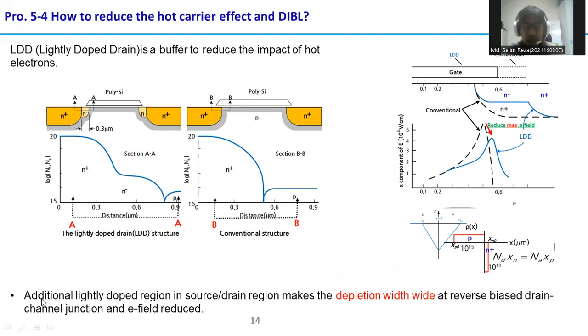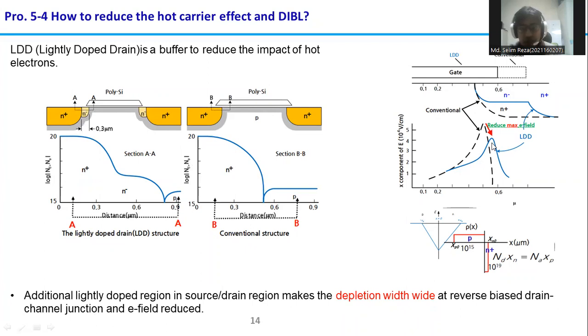We know that if we add an additional lightly doped region into the source or drain region, the depletion region will be made wider and wider, like wider in the reverse direction, in the channel direction, and it will reduce the electric field.